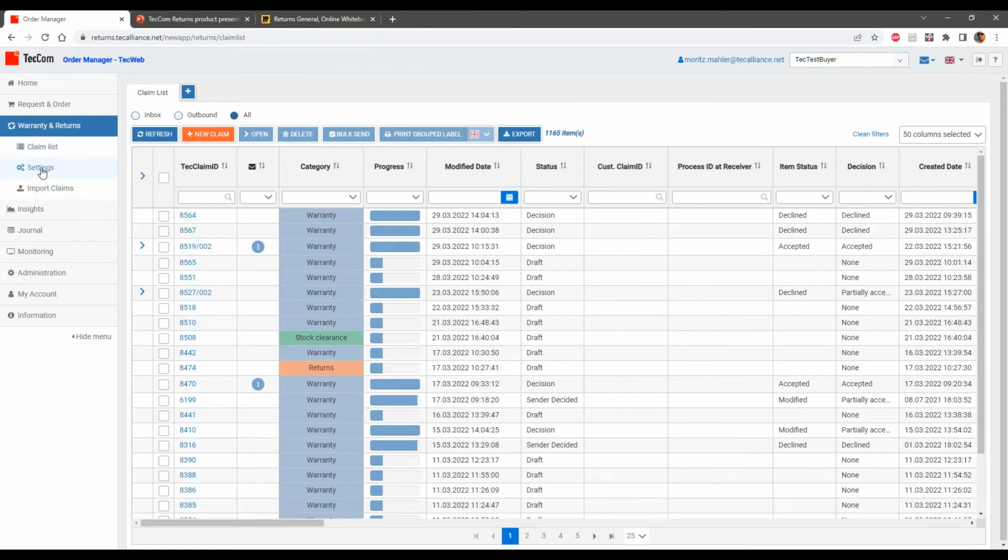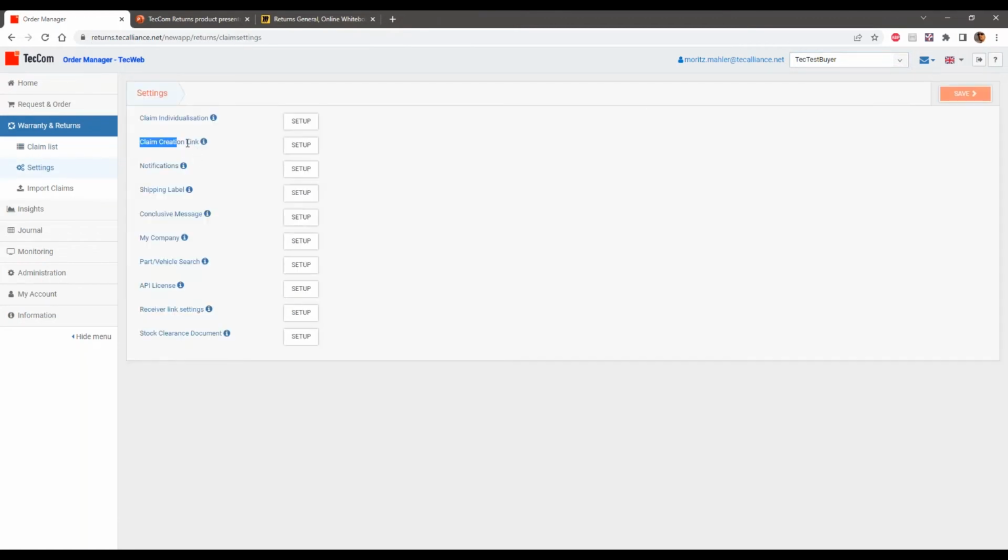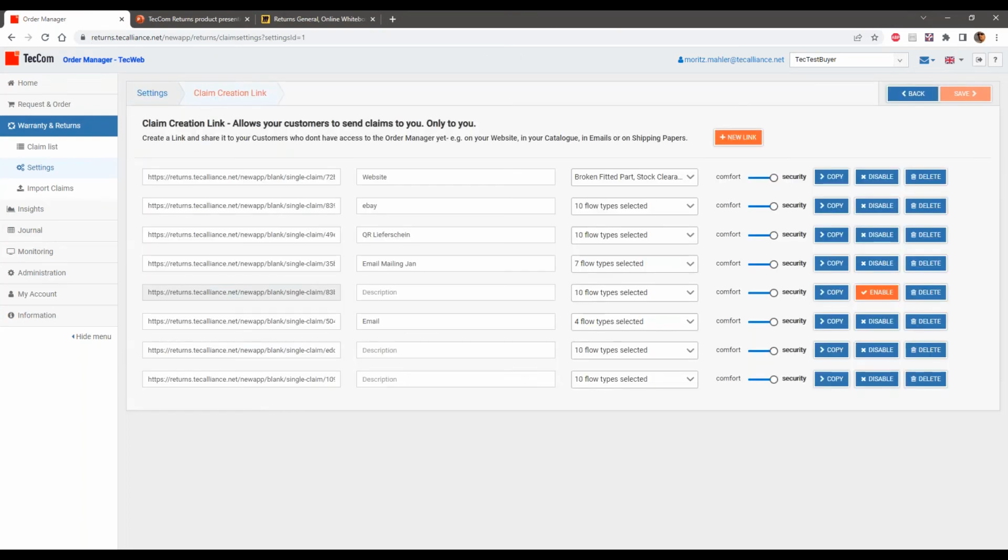Another possibility is we have here in our settings the claim creation link. The claim creation link gives me the possibility to create a claim from outside the system, which means I can place one of these links to, for example, my website, to my eBay shop, as a QR on the delivery note, in an email.